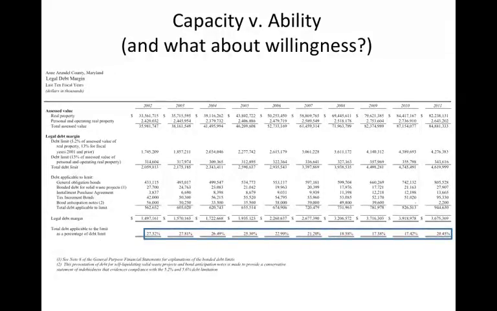So, for instance, what you can see here is this government is limited in terms of its ability to issue debt at 5.2% of the assessed value of real property.